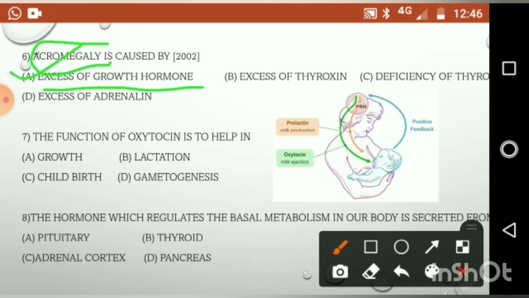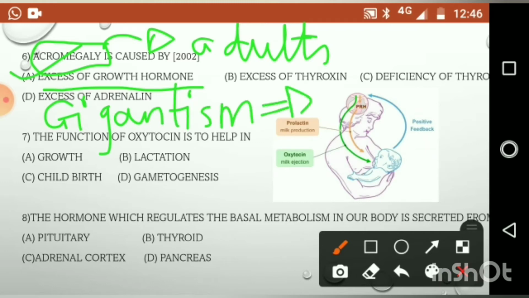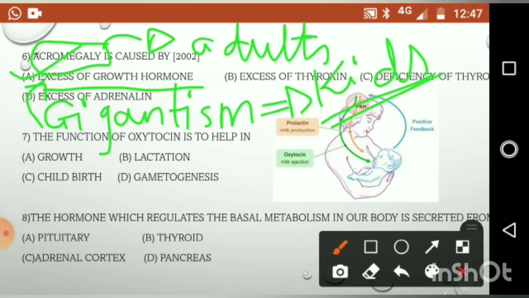Acromegalia is caused due to the excess of growth hormone. Acromegalia is caused in adults. Now you need to remember that there is something called gigantism also. Gigantism is also a disease caused by excess of growth hormone, but gigantism is found only in kids, whereas acromegalia is found only in adults.